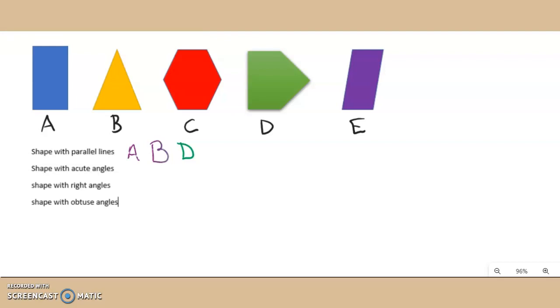E would be the same. This line and this line will never touch. If you looked at this line and this line, they cross each other. But this line and this line are parallel. So there's lots of parallel lines in these shapes. Shapes A, C, D, and E all have parallel lines.